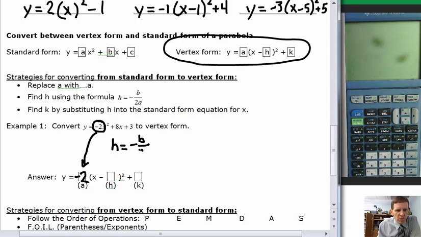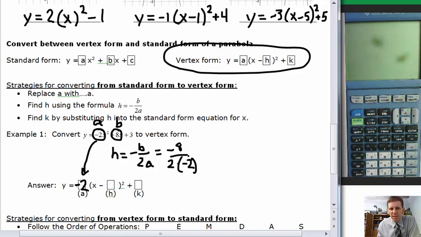We take b, which is positive 8, but we make it the opposite of that. So the opposite of positive 8 is negative 8 over 2 times a, which was negative 2. If you crunch out negative 8 divided by our denominator, which is 2 times negative 2, or negative 4, when you divide negative 8 by negative 4, you get 2. That's your h value, and that goes here.